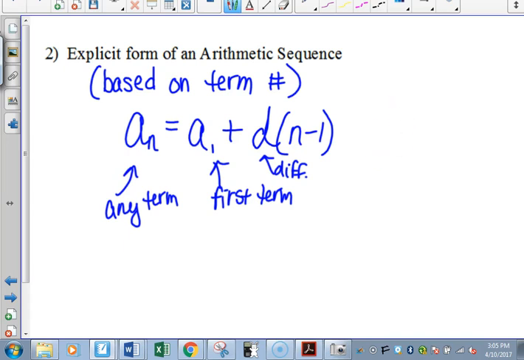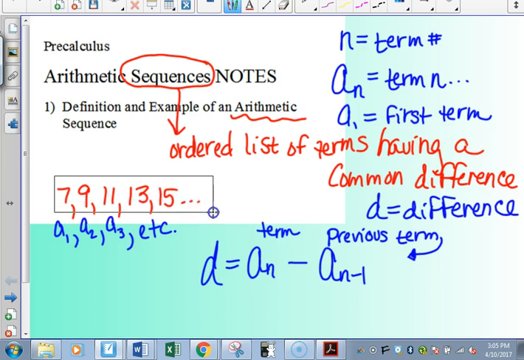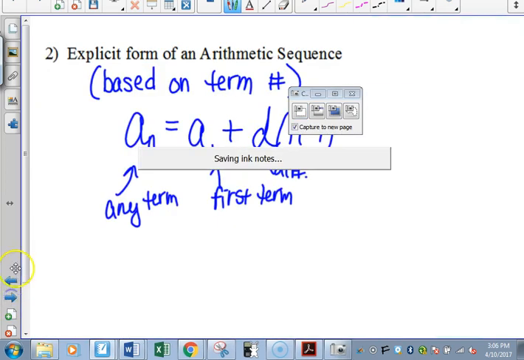Okay, I'm going to do an example using this guy right here. He's our sample for the day, okay?